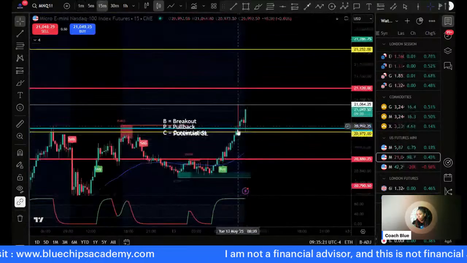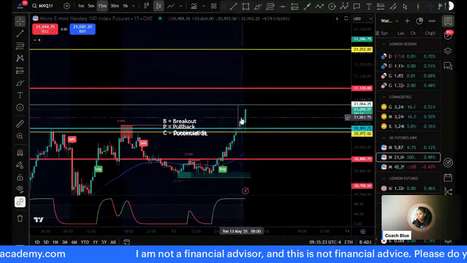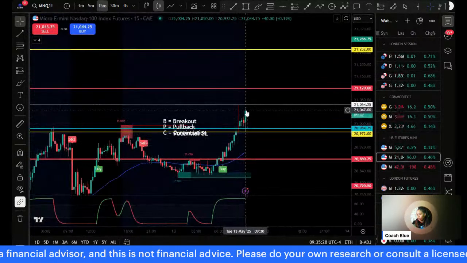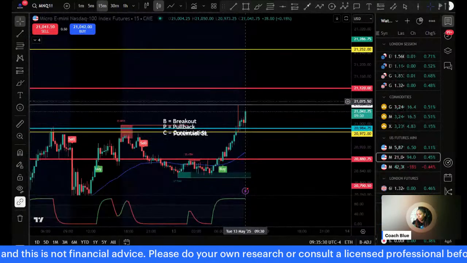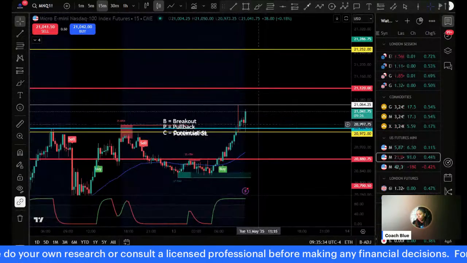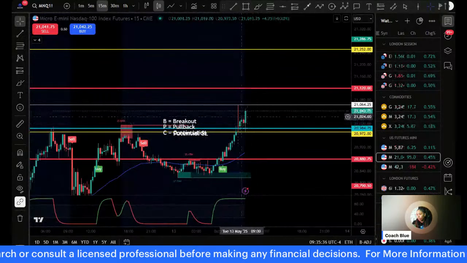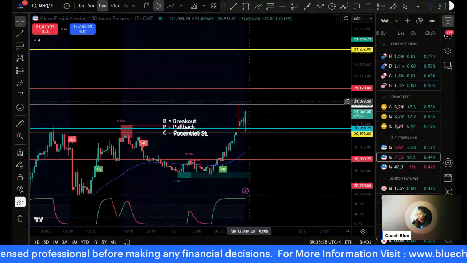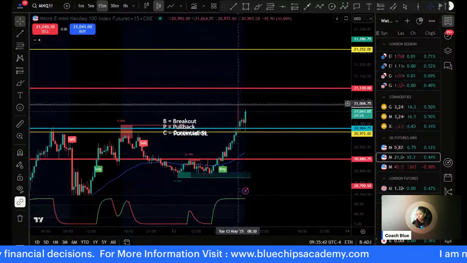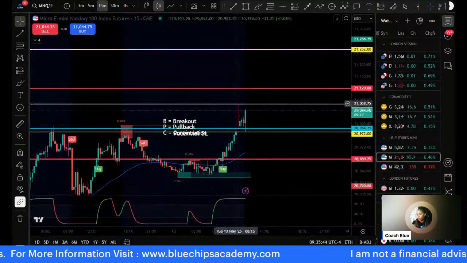So that was the breakout, that was the pullback, and this is continuation. But remember, we want continuation to break past our breakout candle. So really, that was a breakout candle right there. So let's just see how it responds here though, because we can't just hop in knowing that there were some sellers sitting right there.